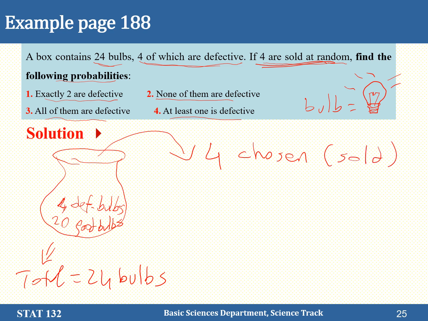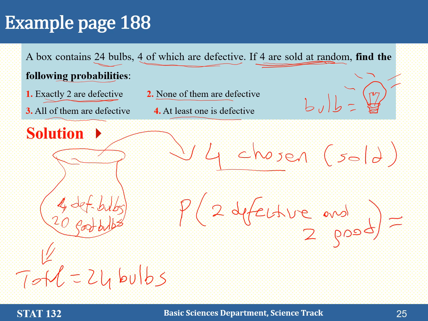Now, okay, we want to find exactly 2 are defective. So the probability that 2 are defective. If 2 are defective out of 4, it has to be 2 good as well.